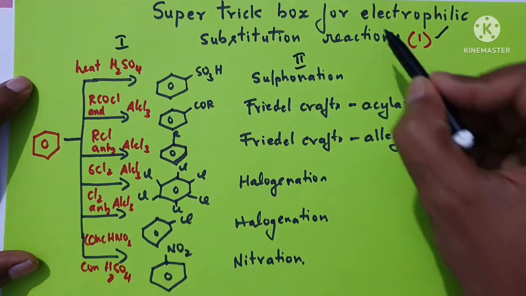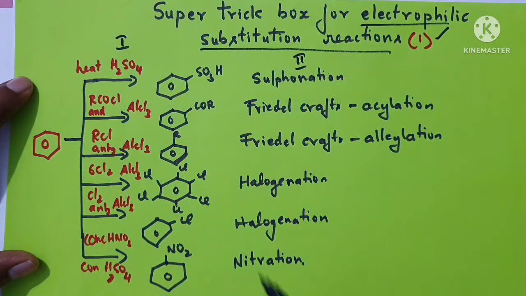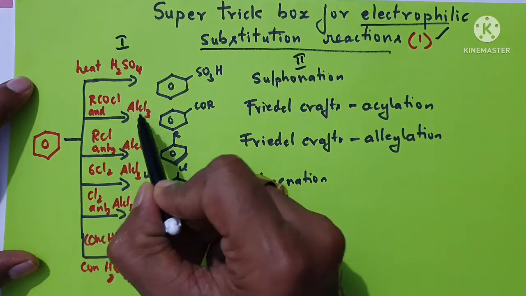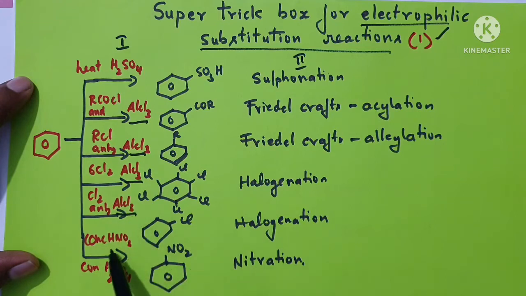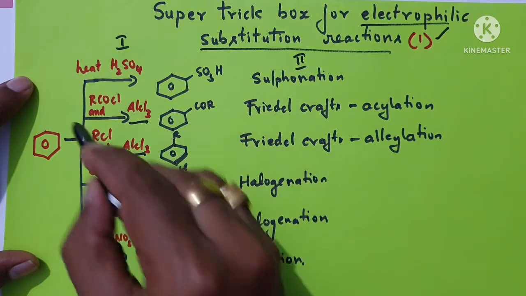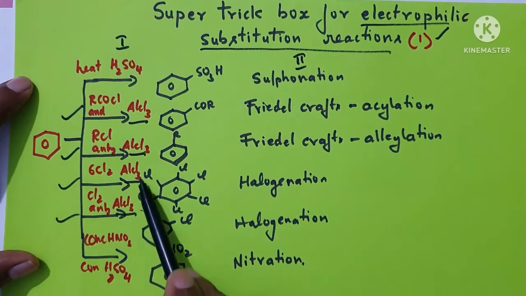If you go for an electrophilic substitution reaction, wherever you come across anhydrous aluminium chloride, you just see all these four: anhydrous aluminium chloride.